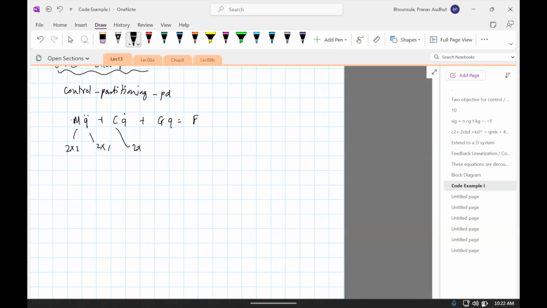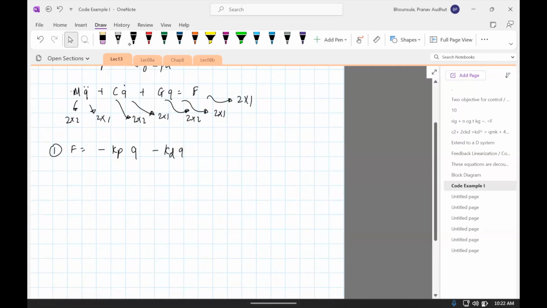So this is 2x2, q dot is 2x1, G is 2x2, q is 2x1, and F is 2x1. Okay, so these are all random matrices. What I did was, one, I applied F equals minus Kp q minus Kd q dot. Effectively, I wanted to be controlled to 0 speed and 0 position.